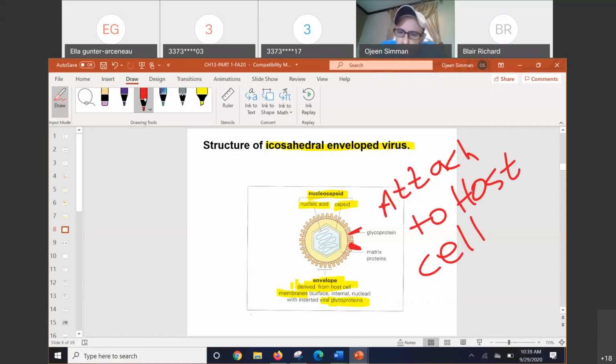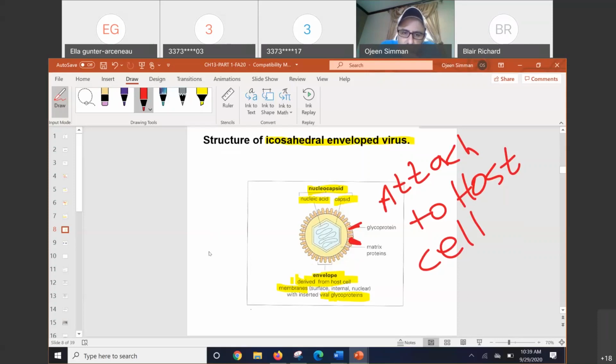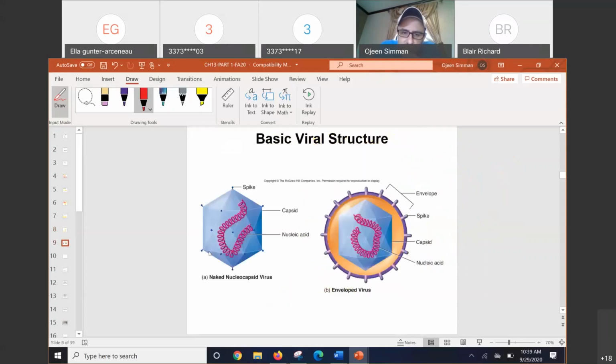Without these glycoproteins, an enveloped virus is unable to attach to a host cell. The SARS-2 virus, or the coronavirus SARS-2, is enveloped and it has glycoproteins that allow it to attach to our tissue and cause infection, the COVID-19 disease.